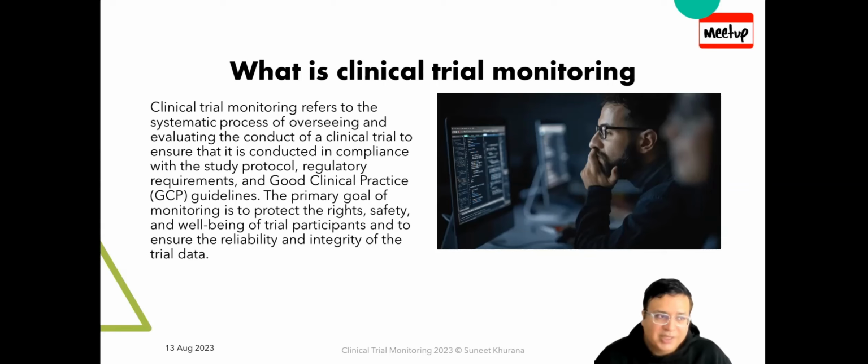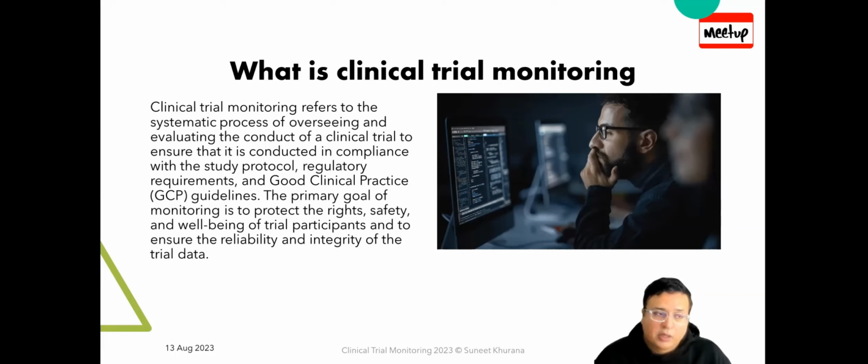The monitor is basically hired by the sponsor, who is paying money to the site to conduct the study so that they can collect the data and then submit the information to the agencies for approval. So primarily their loyalty is to the sponsor. Regulatory agencies like the FDA have a responsibility to the citizens; they make sure that patient safety and dignity come number one.